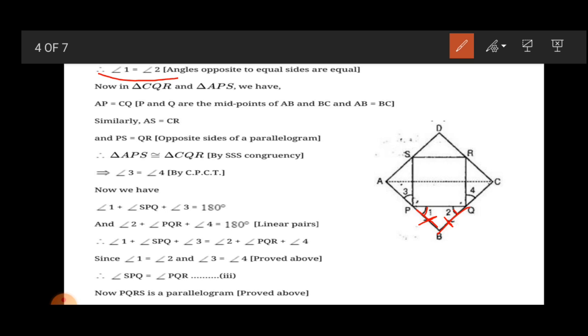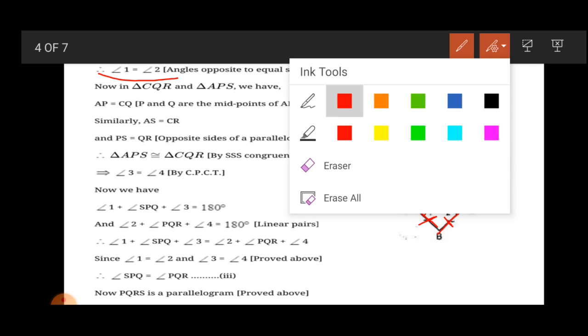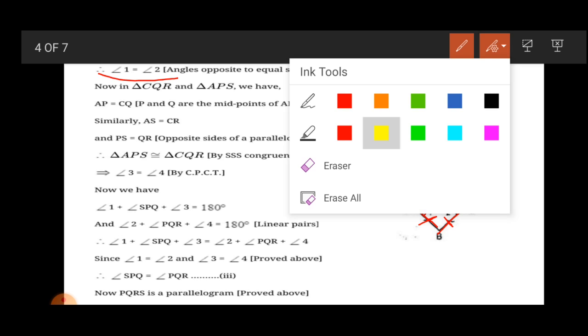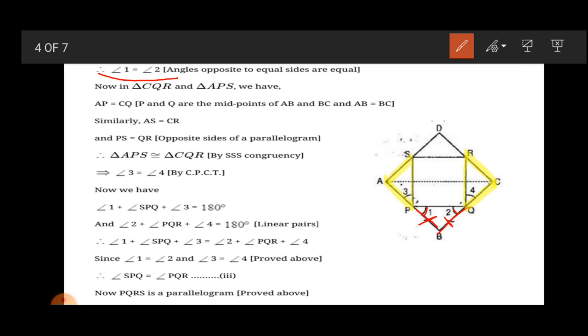Now in triangle CQR and triangle APS, we have AP is equal to CQ, as P and Q are the midpoints of AB and BC, and AB is equal to BC.